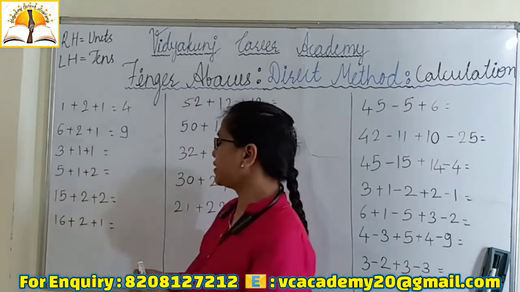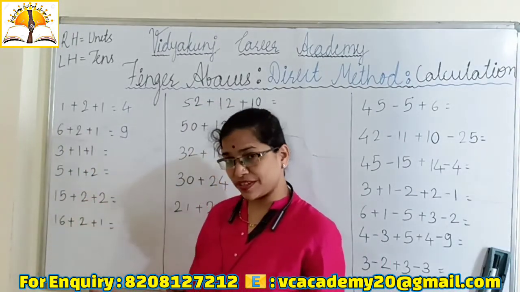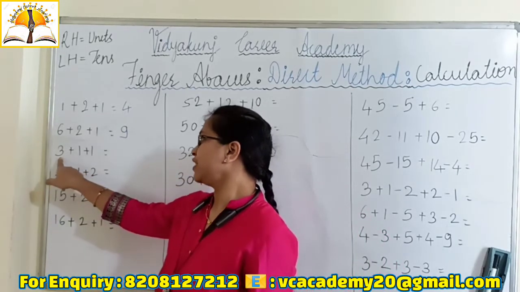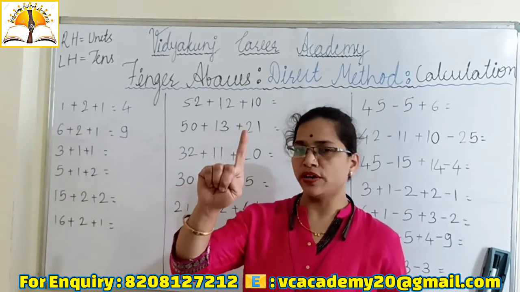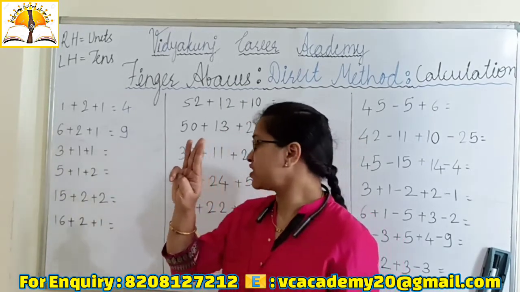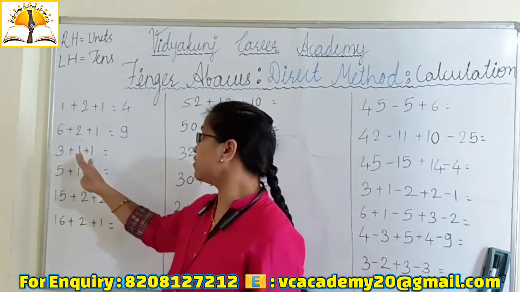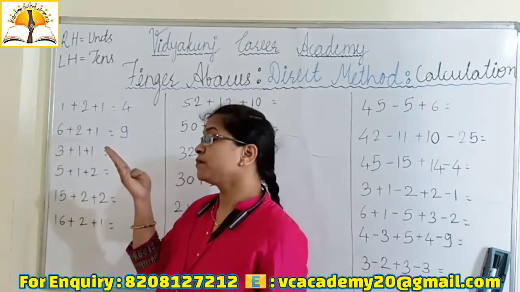Now the next number. These are also one digit numbers, so we have to represent them on the right hand. 3. I will raise fingers: 1, 2, 3. The next number given is 1. And here again one number is given. One number means 4, after 1, 5.